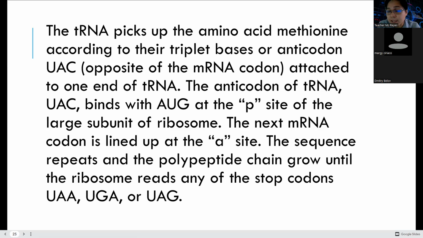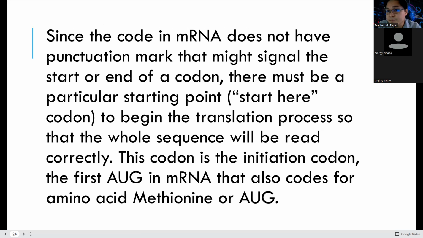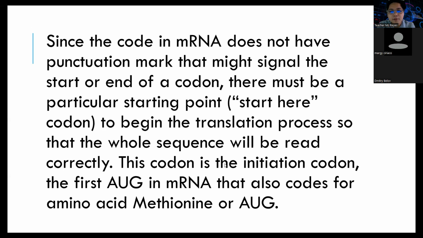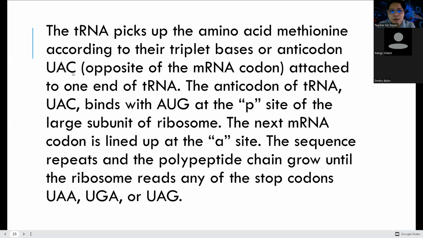But in the case of RNA, instead of thymine, we have uracil. Uracil is paired with adenine. Okay, and guanine is paired with cytosine. So this is the anticodon of AUG.